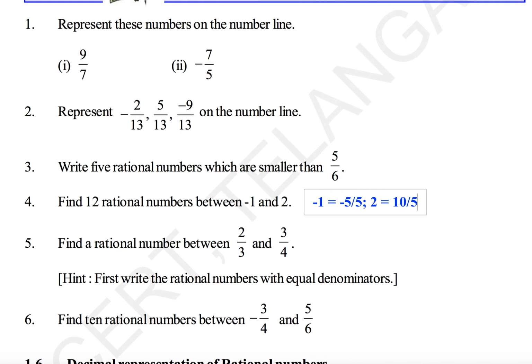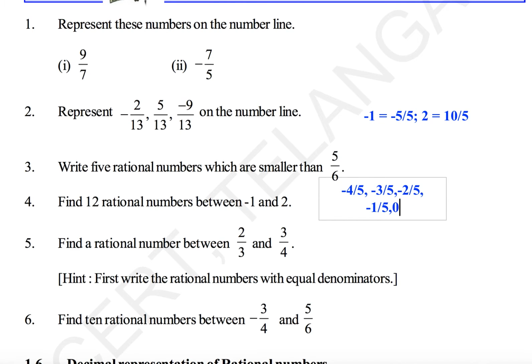Now, minus 4 by 5, minus 3 by 5, minus 2 by 5, minus 1 by 5. Next 0.